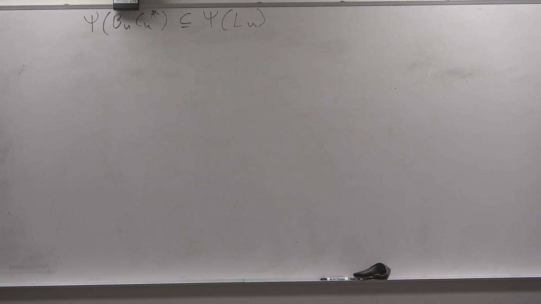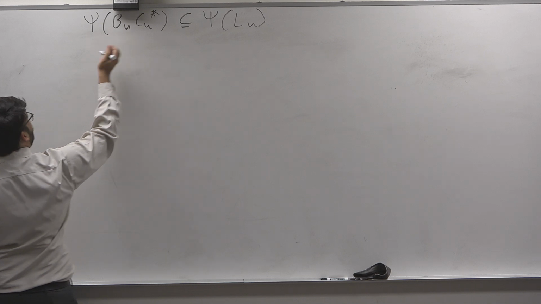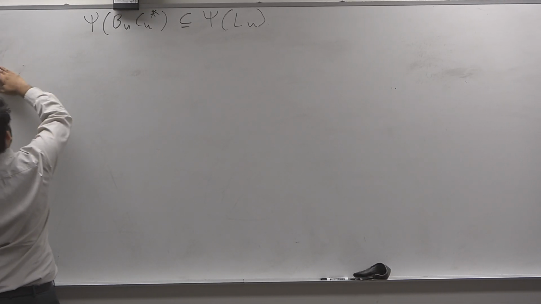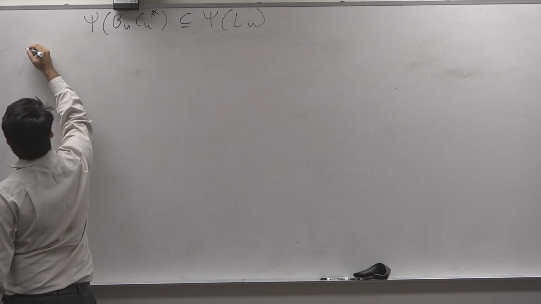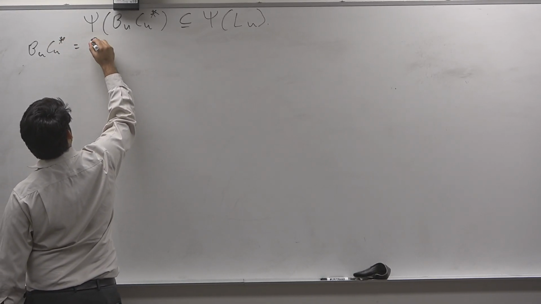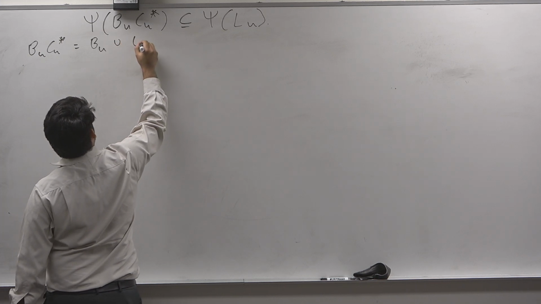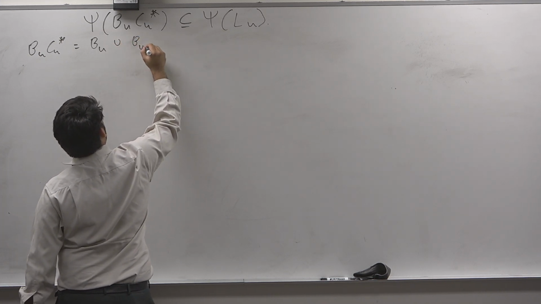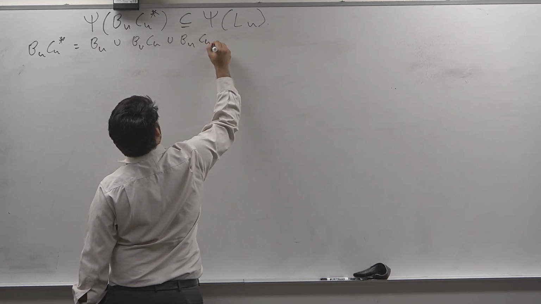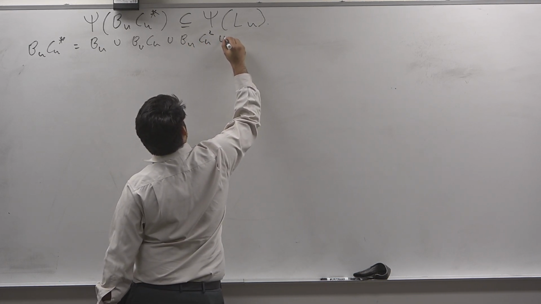So what are we going to induct upon? Basically, we're going to induct upon the number of stars that are going to happen here. Notice that BU CU star is actually equal to BU union BU CU union BU CU squared union and so on.